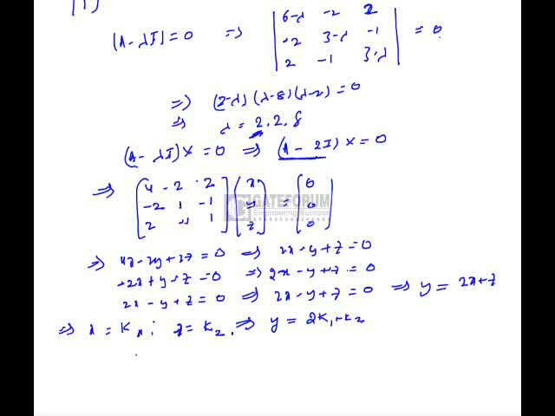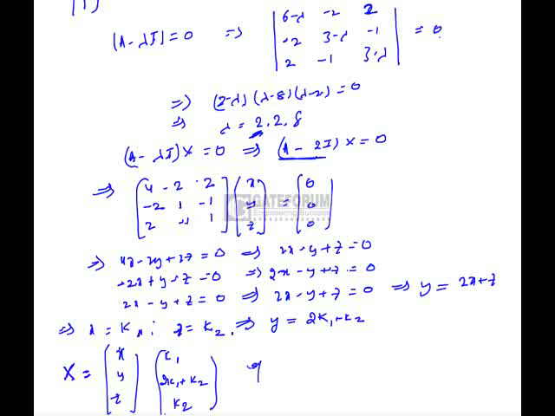So the eigenvector [x, y, z] is nothing but x is k1, y is 2k1 plus k2, and z is k2.